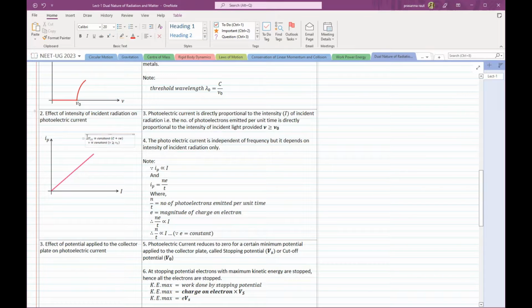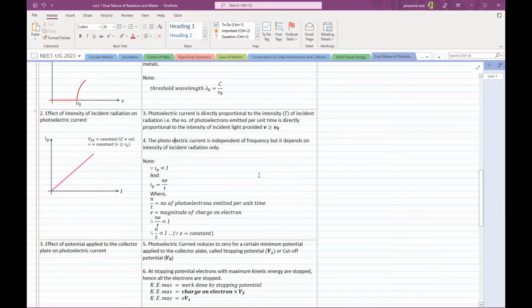And it is observed that as you do so, the photoelectric current goes on increasing with the increase in intensity. This is a linear graph, right? This is a directly proportional graph. So the photoelectric current is directly proportional to intensity, provided the frequency is greater than the threshold frequency.